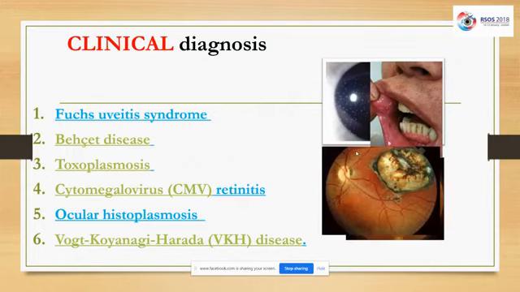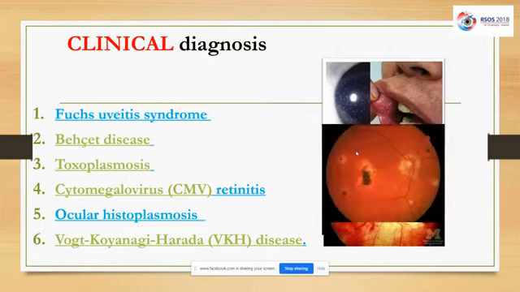Toxoplasmosis can be diagnosed clinically by the characteristic chorioretinal pigmented scar with affinity to the macula, with satellite lesions, recurrent inflammation, and a history of contact with an infecting cat or other source of infection to toxoplasmosis.